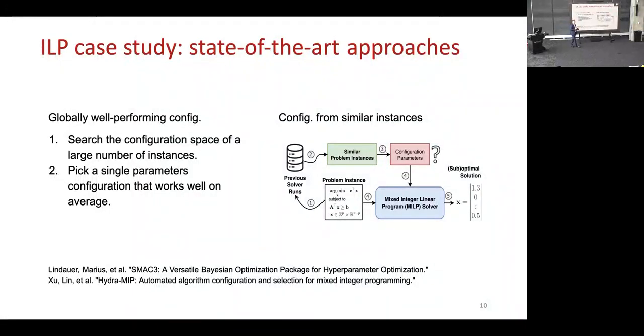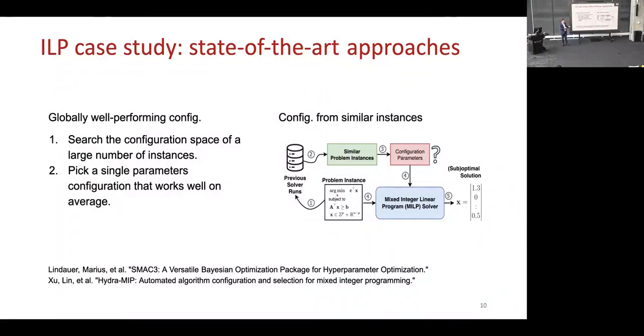I get a new problem instance, and then I say, okay, this problem instance is similar to this one that I solved in the past, and this one had these best parameter configurations. So I'll take these parameter configurations and apply them to my solver. In that case, you use all that you've learned in the past about the best settings. A new instance comes, you measure the similarity to previous instances, and then you pick the configuration and apply it.